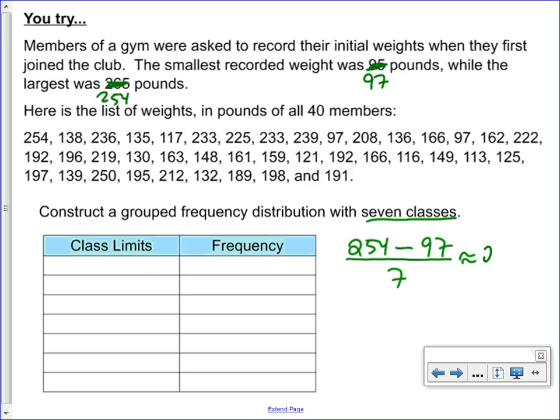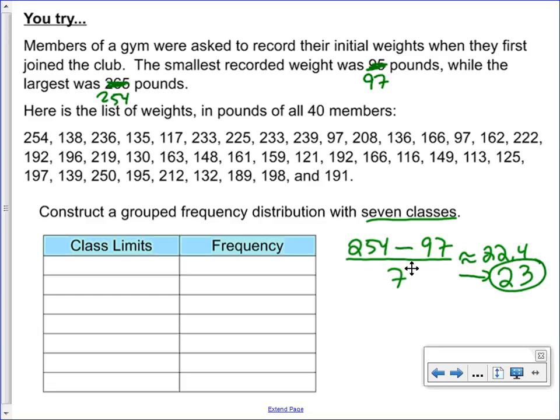That's okay, it's going to work out. It's 22.4, which means you round up to 23. So you want 23 numbers in each class.